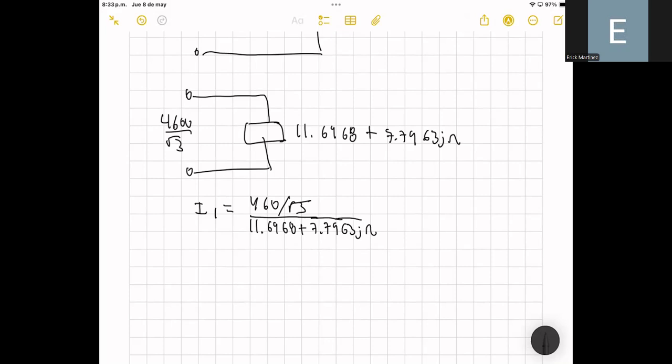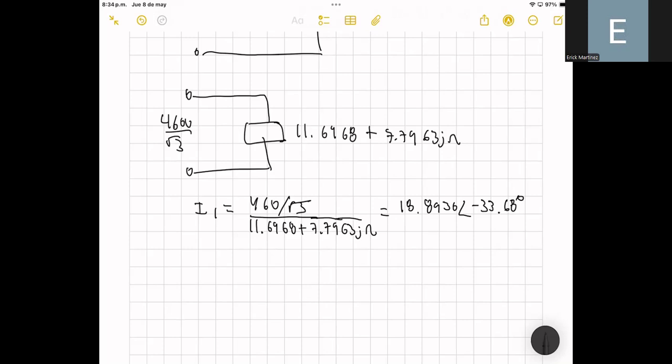Okay, so this is I1. And what else? Well, if you compute this expression, you will get the following current for I1, that is 18.8930 with an angle of minus 33.68 degrees. Okay, so you can compute I1, that is the current being demanded by the phase.